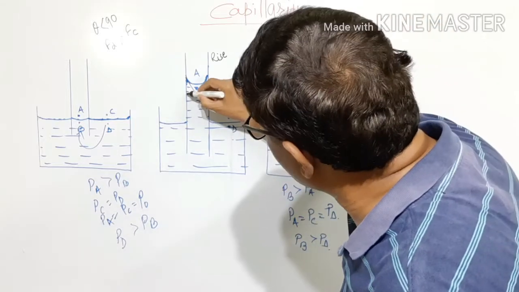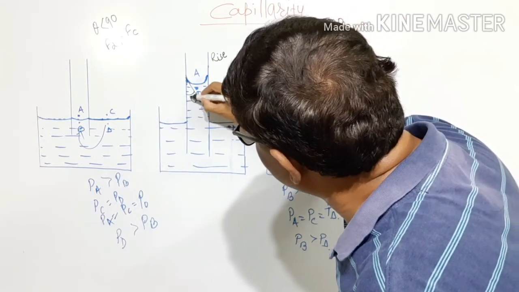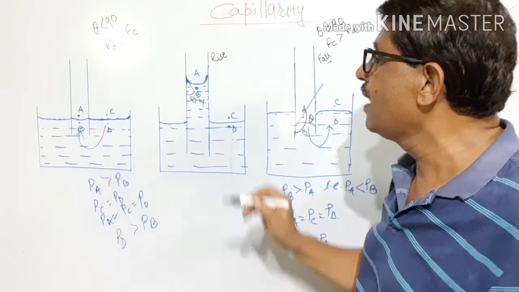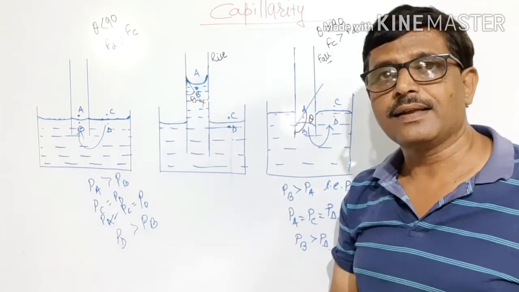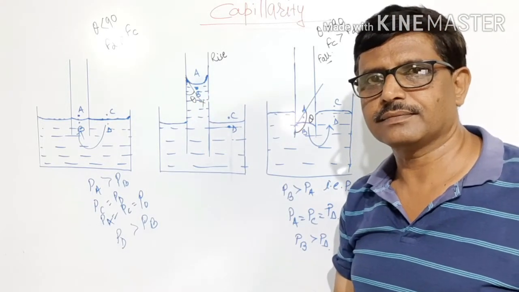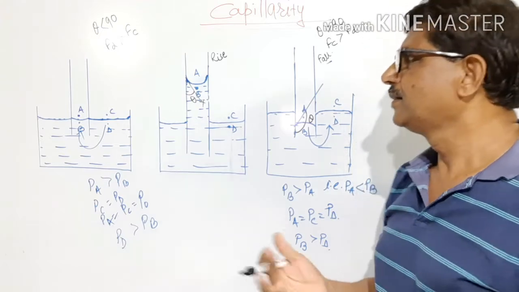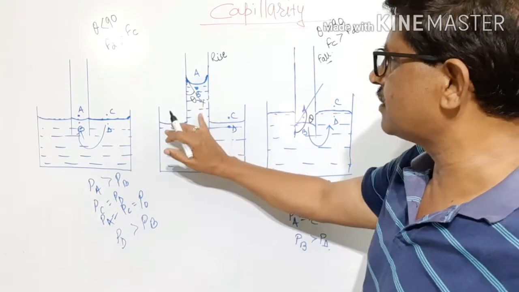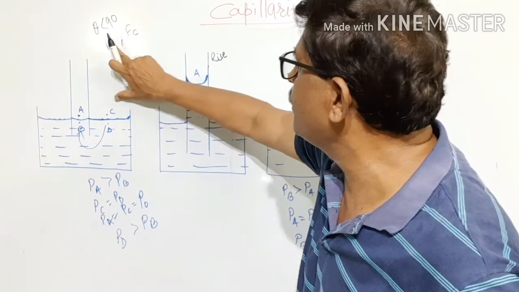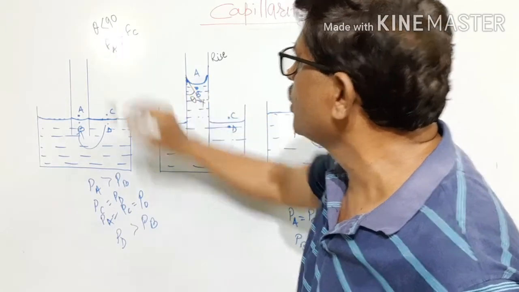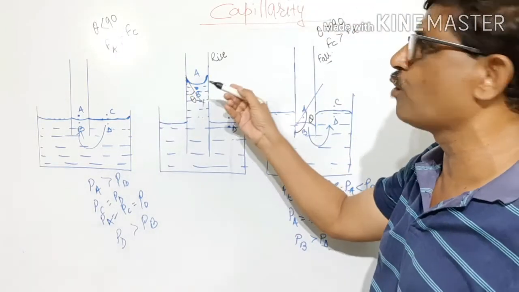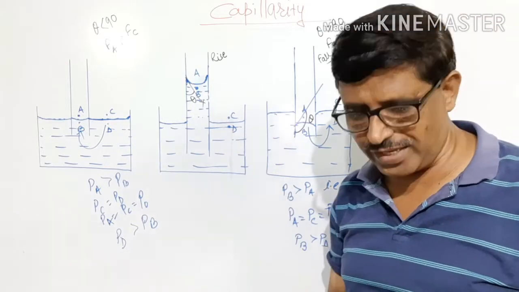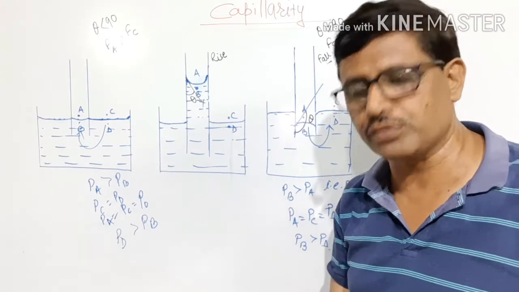The angle measured from the side of liquid, this is angle of contact theta and this theta is less than 90. The reason is again here the resultant of adhesive force between the solid liquid molecule is more than that of the cohesive force between the liquid molecules.